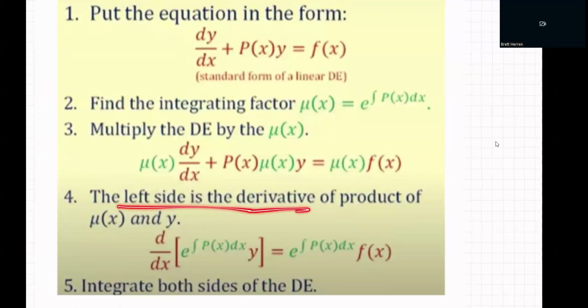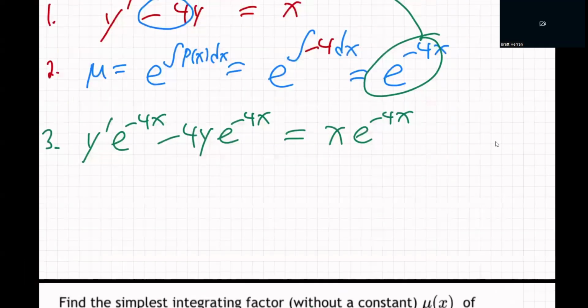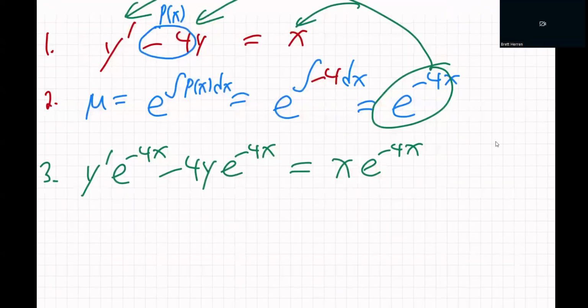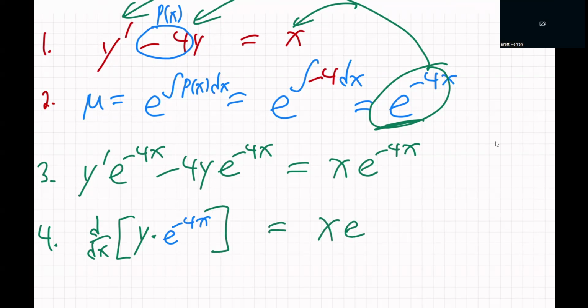Now, step four. The left side is the derivative of the product of mu of x and y. The left side is guaranteed to be that product. So the left side is d dx of y times the integrating factor from step two. Is that true?